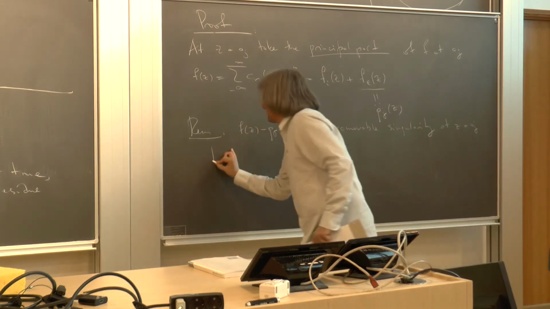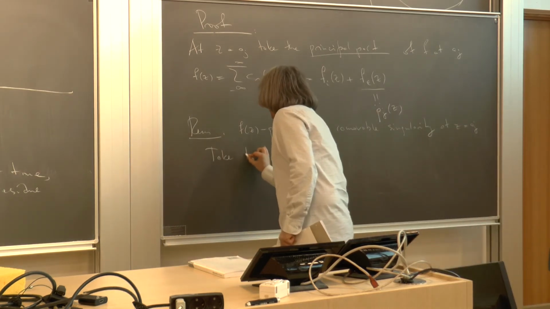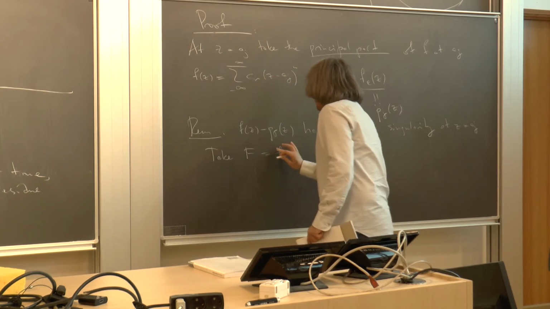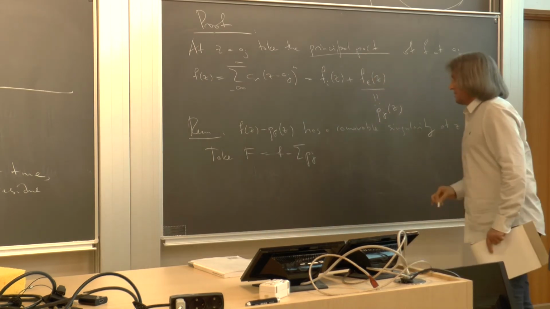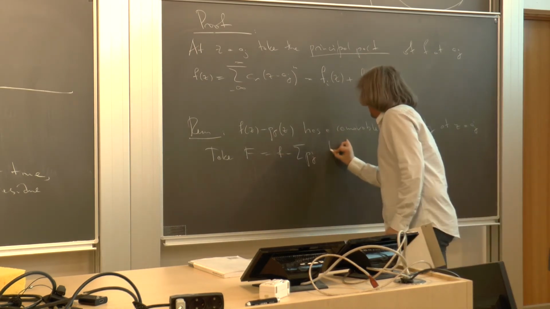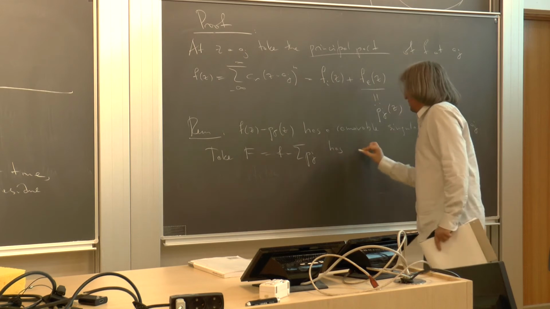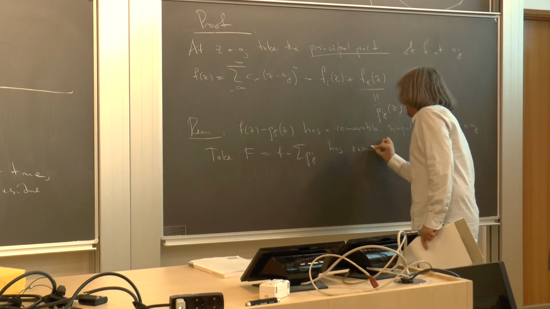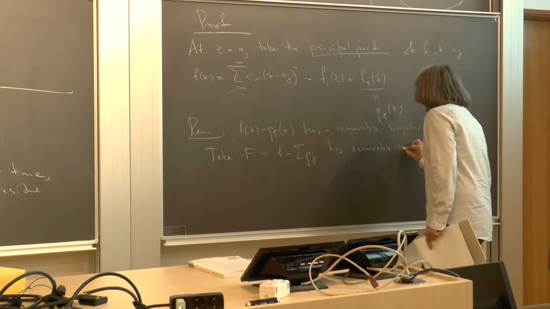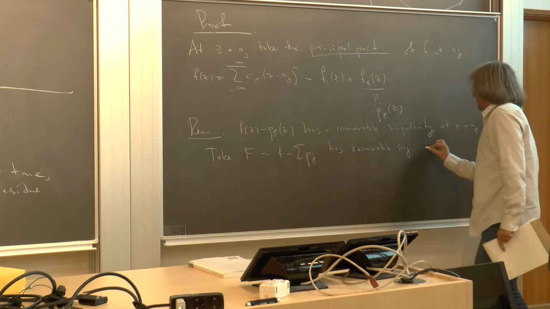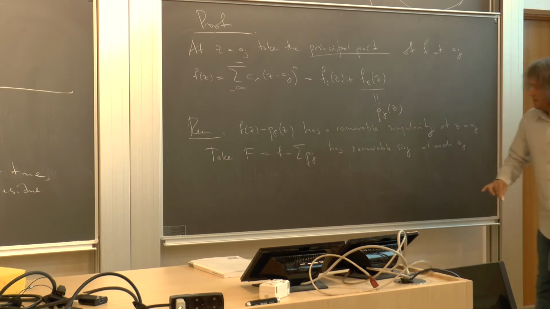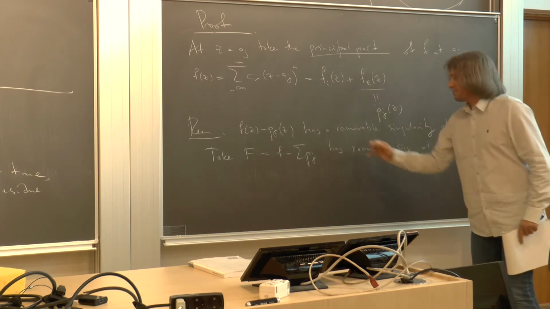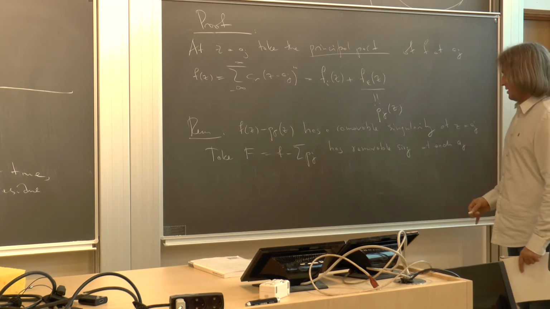So take f minus the sum of all P_j of z. Then it has removable singularities at each a_j. So we killed the singular part of the function at each point by subtraction, like this.